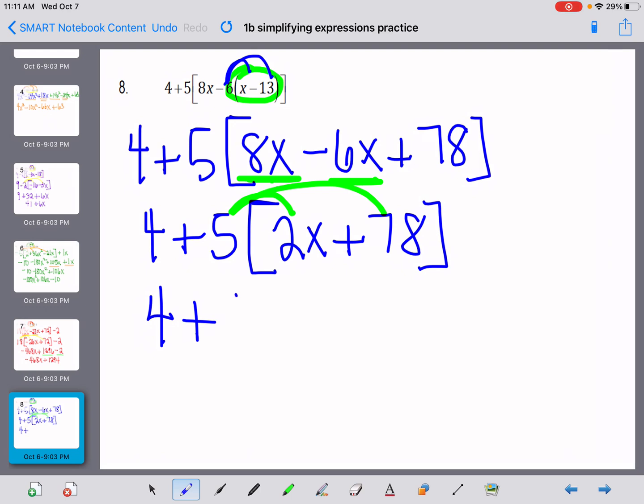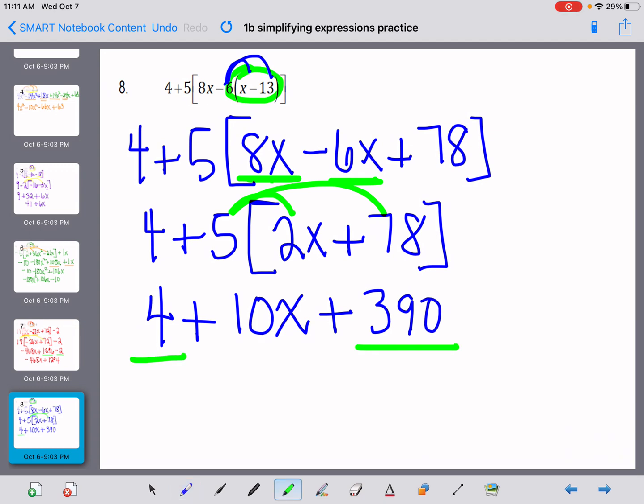Positive 5 times positive 2 is positive 10x. Positive times positive. So positive 5 times positive 78 is 390. And then one last time, we need to combine like terms. But what I'm going to do is I'm going to write the 10x first, even though I left it in my highlighter there, because that's the highest degree term. And then to finish, 4 plus 390 is 394.